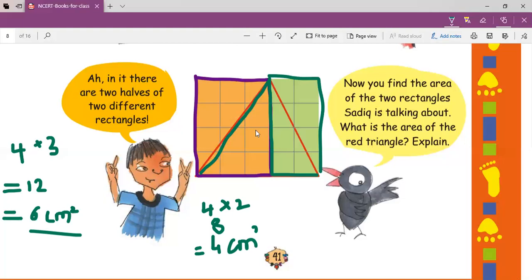We have to add both areas of the triangles. So 6 plus 4 equals 10. So what is the answer? 10 centimeter square. Understood how we found the area of the red triangle?